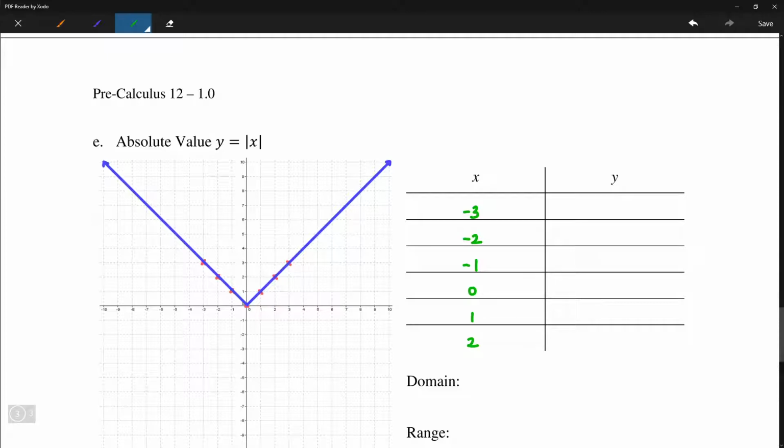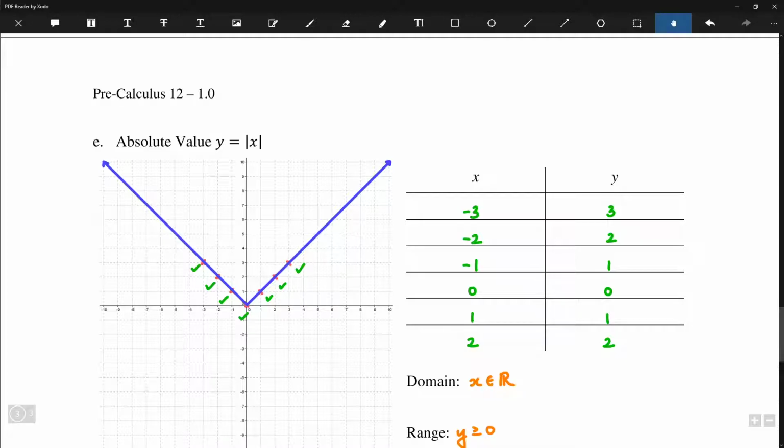The corresponding y values would be 3, 2, 1, 0, 1, 2, and this is how we have the points plotted on the graph to the left. The domain is that x is an element of the real numbers, and the range is y is greater than or equal to 0.